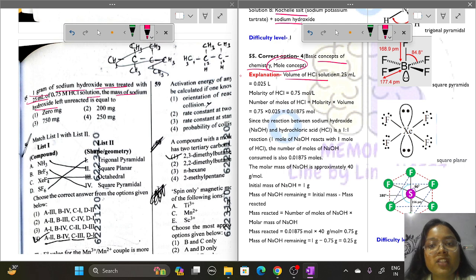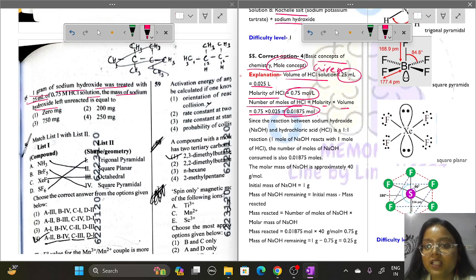The volume of solution is given as 25 ml. We will convert it into liter, then it is 0.025 liter. The molarity of HCl is also given, 0.5 molar. So we have to find out the number of moles of HCl first. For calculating the number of moles of HCl, what is the formula? Molarity into volume. So we will get the number of moles of HCl as 0.01875 mole.